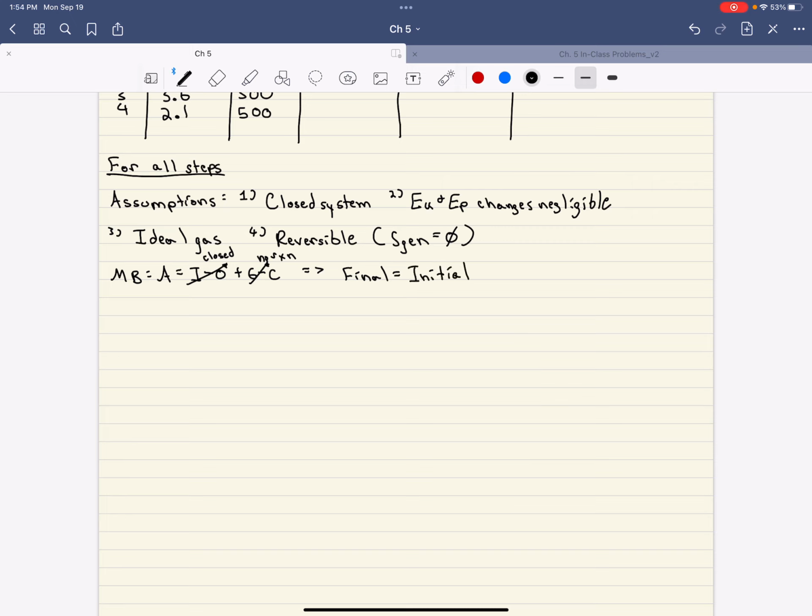All right? And so what we could say is that the moles we start with are equal to the moles we end with, and we'll just call those N. And in our problem, we're assuming a basis of 1 mole. Okay? All right, so we could apply all of those assumptions to each step of the Carnot cycle.